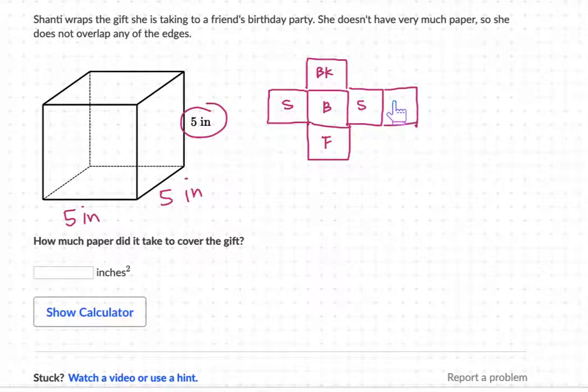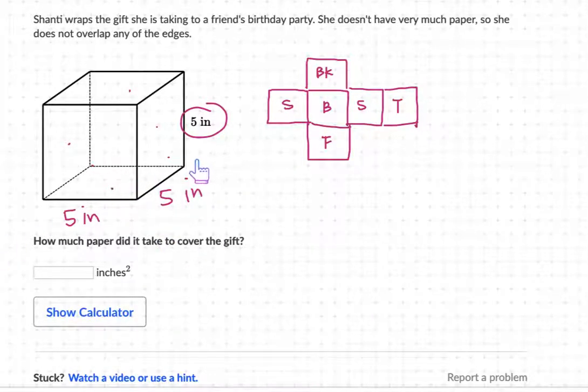So I can put the top right here. Okay, so I'm just labeling all the faces like we did before to make sure I didn't miss any of them. I can also verify it over here. I have the bottom and the top, that's 2, front and the back, that's 4, and then the 2 sides, that's 6. So I should have 6 total. 1, 2, 3, 4, 5, 6.